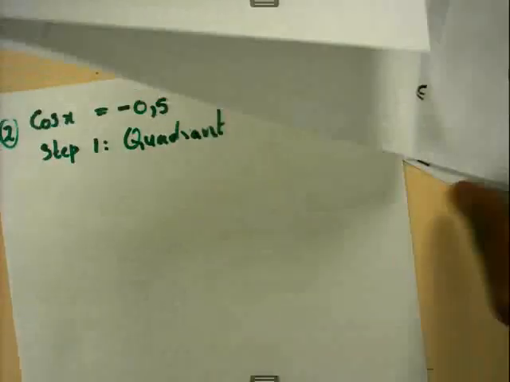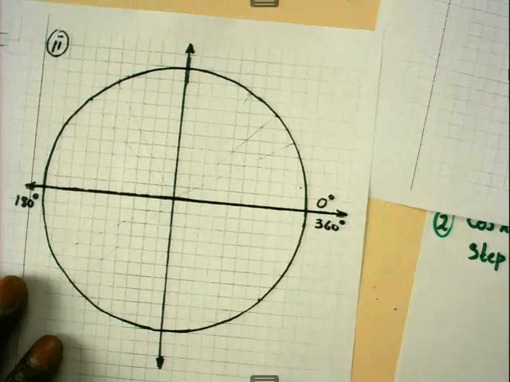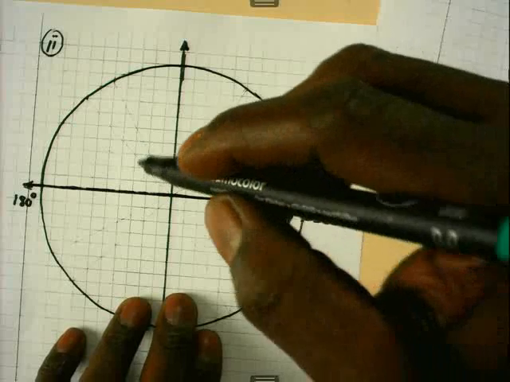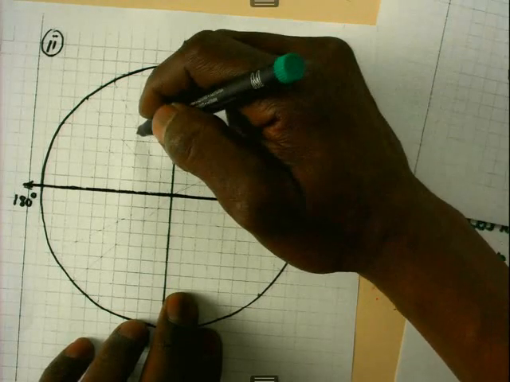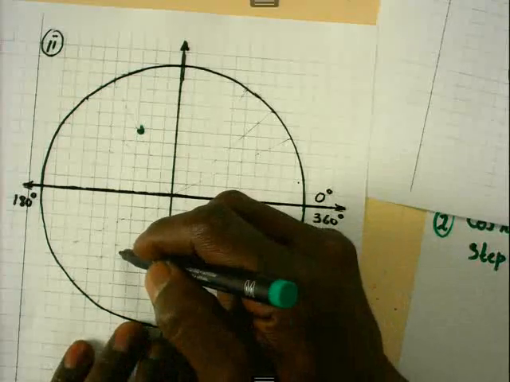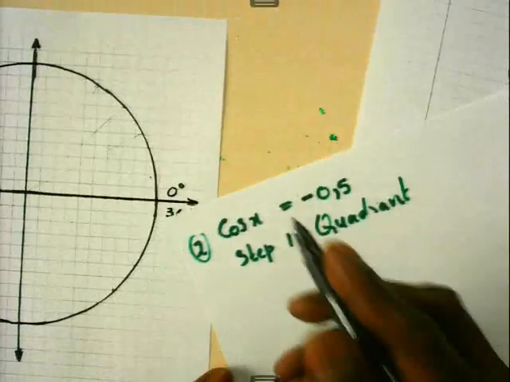Cosine is negative in the second and the third quadrant. So we have identified the quadrant.